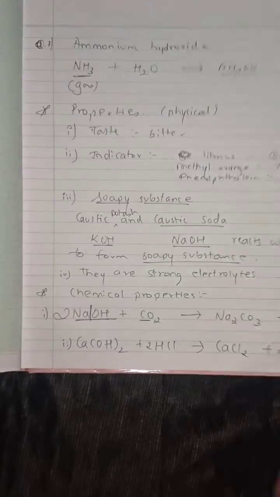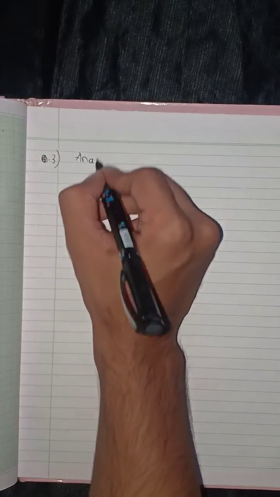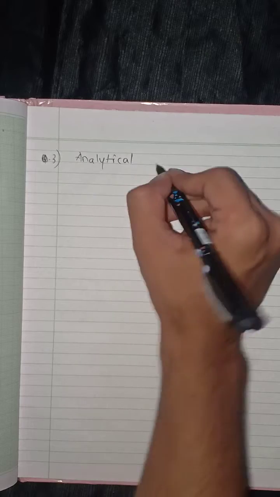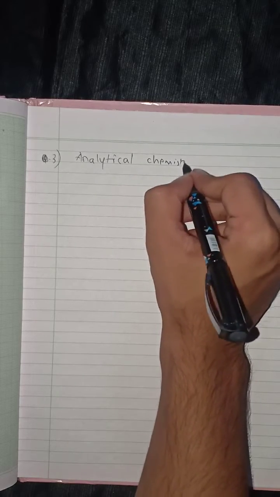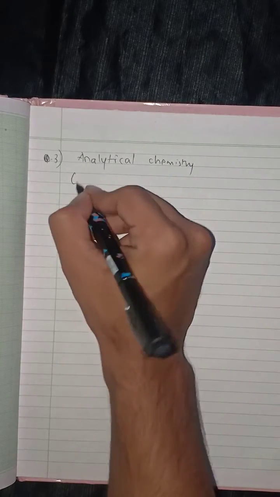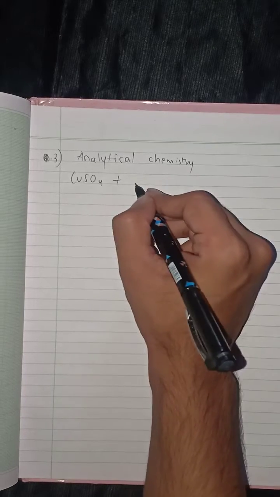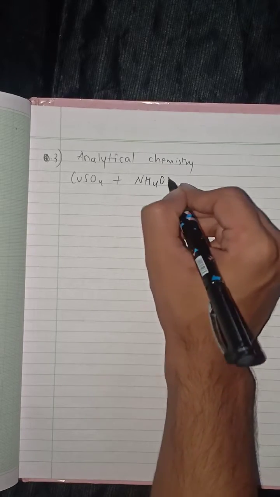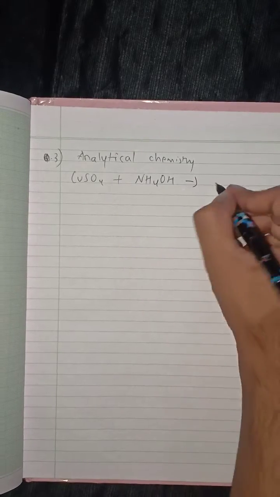The next part. The question number 3 you have already completed: CuSO4 reacting with the aqueous. The third part has already been covered in analytical chemistry. I'm just going to write one simple reaction. If this reacts with ammonium hydroxide, what is going to form?